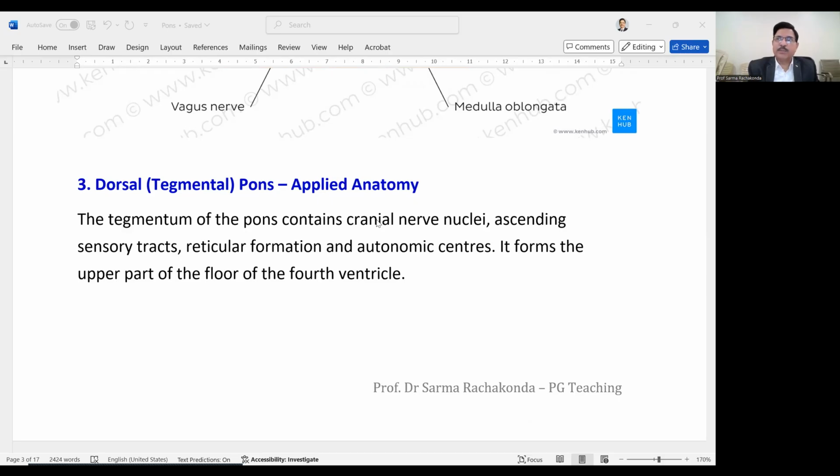So any lesion here produces sensory deficits, plus also cranial nerve involvement. What are the cranial nerves? 5, 6, 7, 8. Okay, 5, 6, 7 cranial nerves with sensory involvement. If you see on the opposite side, it is mostly pontine, whereas the dorsal region of the Pons.